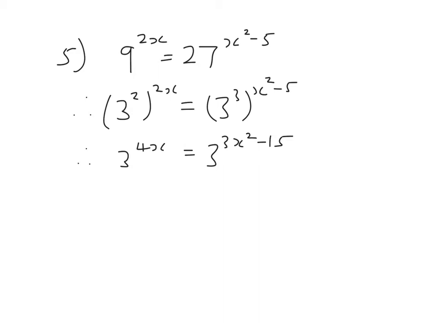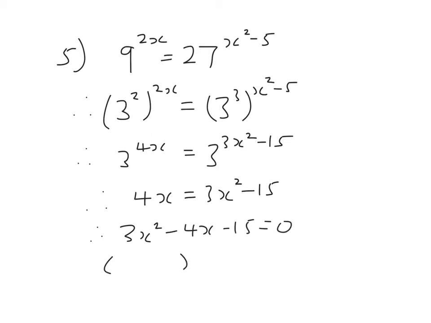So powers of powers, 2 and 2x, 4x. So now we can just equate those powers, so therefore 4x equals 3x squared minus 15. And make a quadratic there, 3x squared minus 4x minus 15 equals 0. Let's hope it factorises. It's going to be 3x and x.